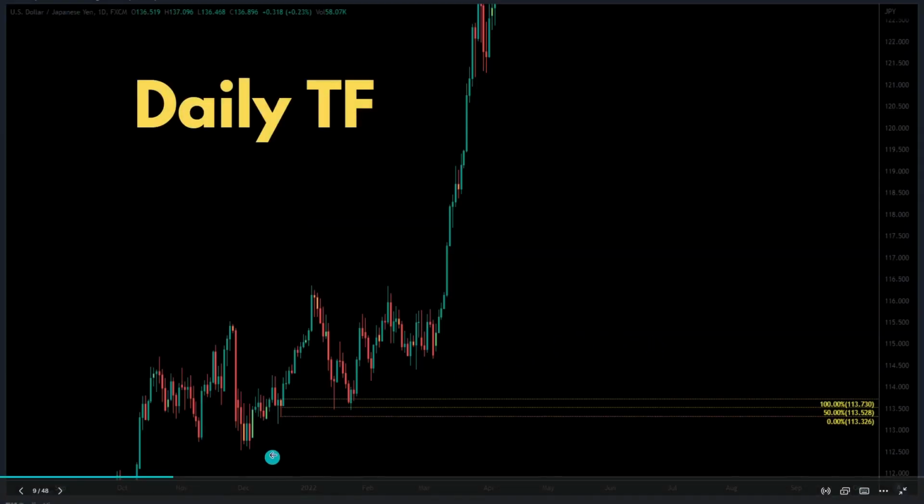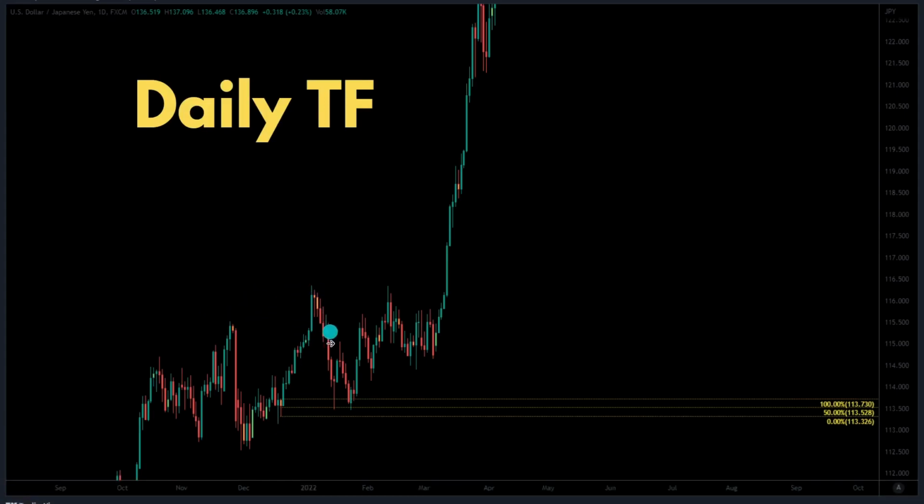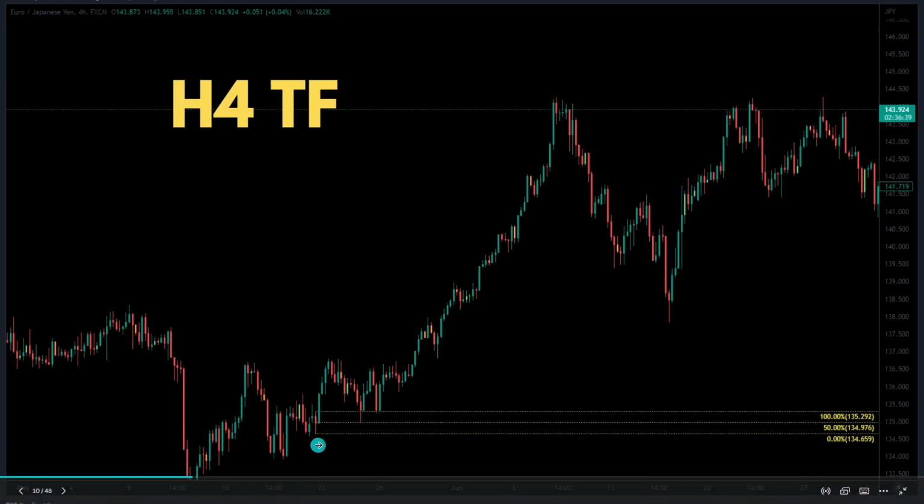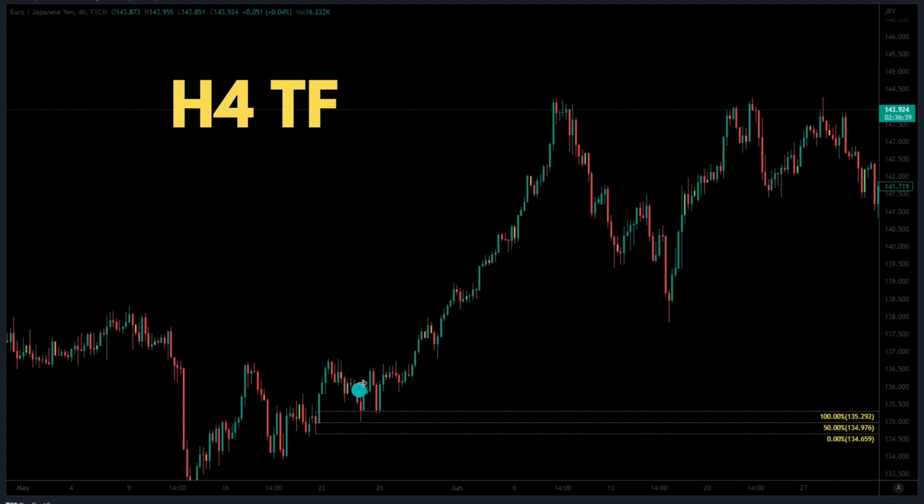Daily time frame, it's set up here, rallied, broke market structure here, did a rounded retest, tested the mid-range, rallied, tested the mid-range again, did another rally, broke market structure here, then was the bottom 4, and rallied like, I think that's 100%. H4 time frame, it's set up here, did an impulse, rounded retest, touched the top, rallied, touched the top again, then rallied.